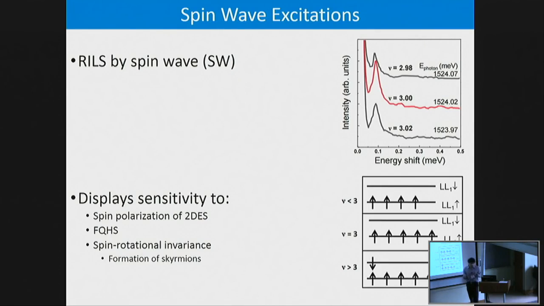If you're above filling factor 3, there are already spin down electrons, so there are fewer possible spin flips available, and if you're below, then there are simply fewer electrons with a spin flip mode that you can probe. This is how we typically determine the closest odd integer filling factor, which we use as the basis of what our filling factor will be throughout the experiment.